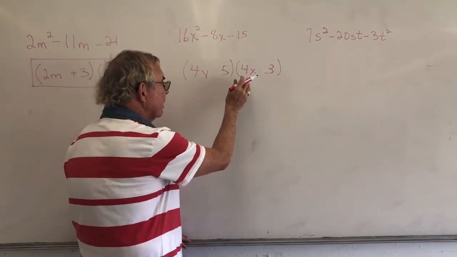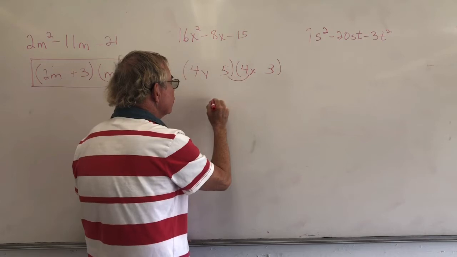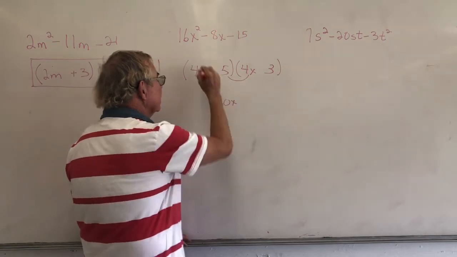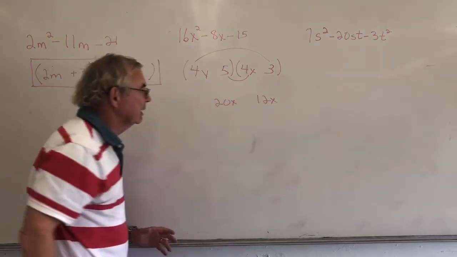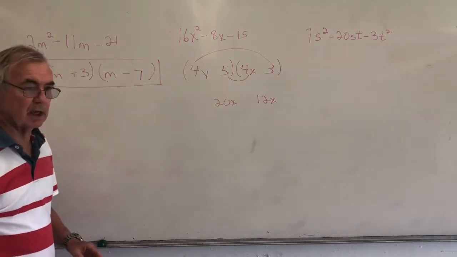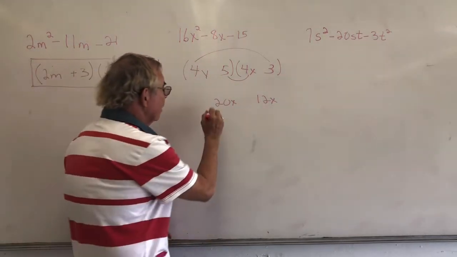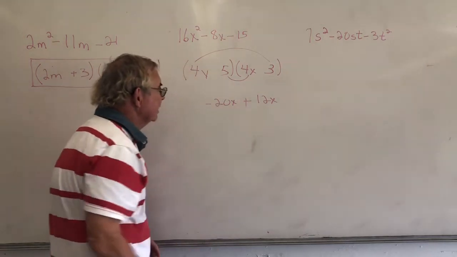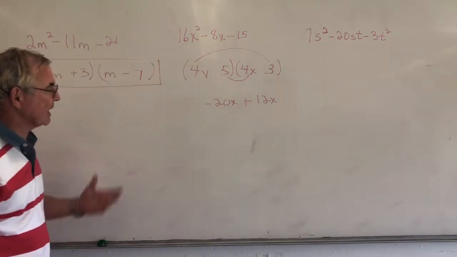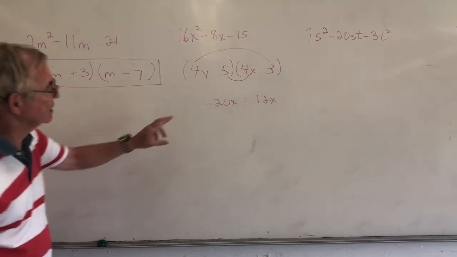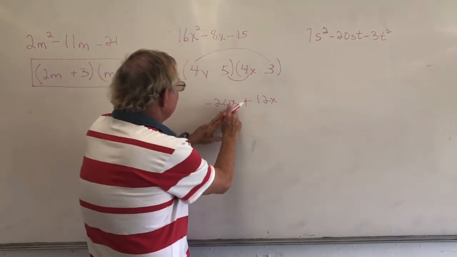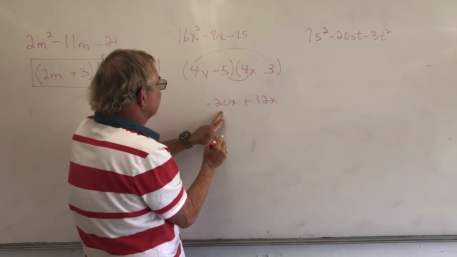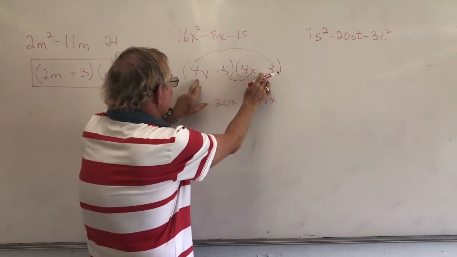One's plus and one's minus. Well, this will give you 20x, and this will give you 12x. Aha. 20 take away 12 is 8, but 12 take away 20 is negative 8. That's what we want. This gives us our negative 8. So we need a negative 20, so this one's a negative 20, and this is the positive.